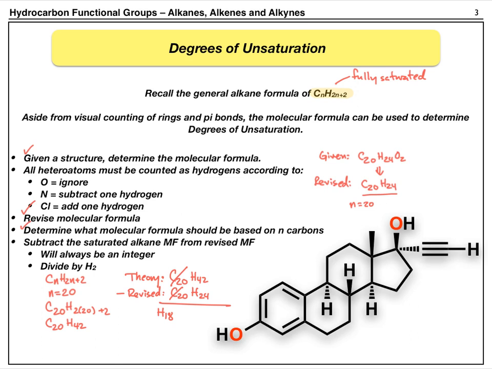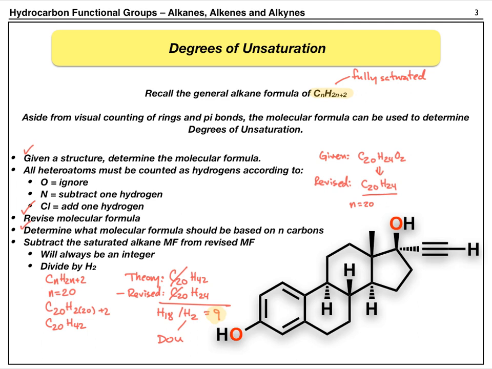That's what we found, 18. And we're going to take 18 divided by H2, because H2 is what we are considering to be an equivalent to a degree of unsaturation. And so when we do that, 18 divided by 2, we find that we get 9. And so that's what we found in the prior visual inspection as well.